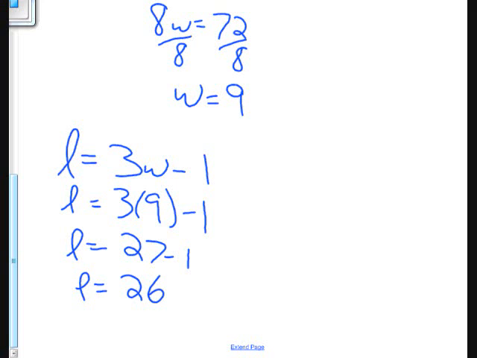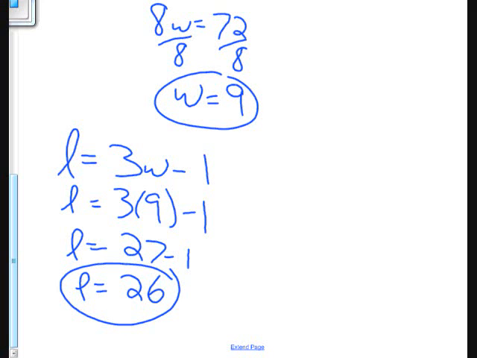So for my width I got 9, and the length I got 26. That makes sense? If I put that back into the original equation, does it work out? I'll leave that to you guys to decide.